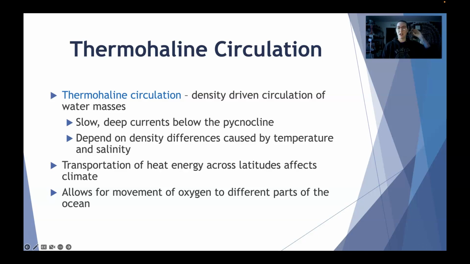This helps transport heat energy across latitudes, which helps affect climate. We talked a little bit about that earlier in the semester. What's also really fascinating is it allows for movement of oxygen to different parts of the ocean. And I have a cute little video that kind of shows that.